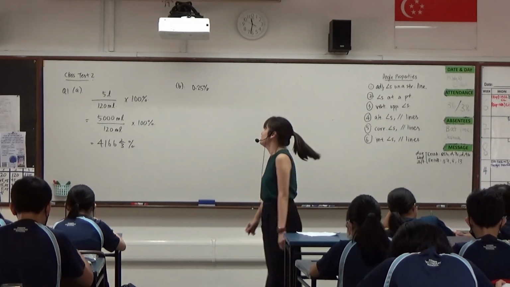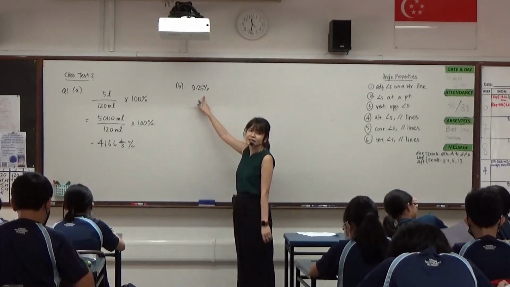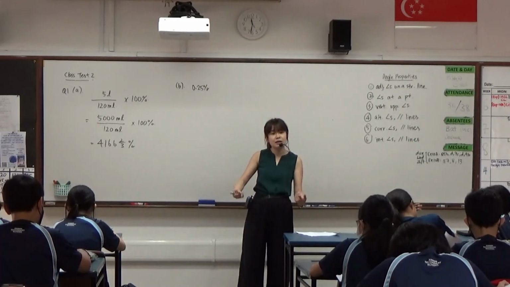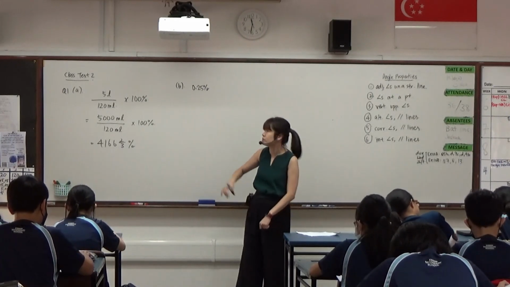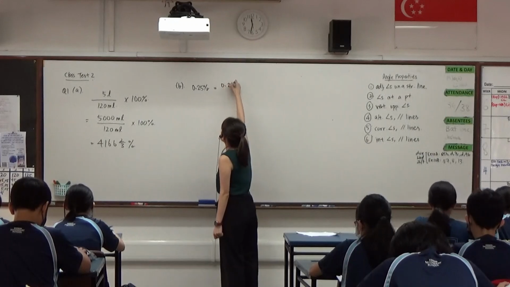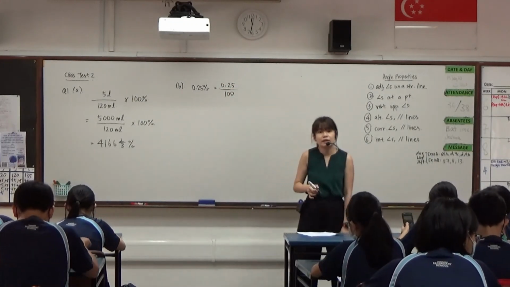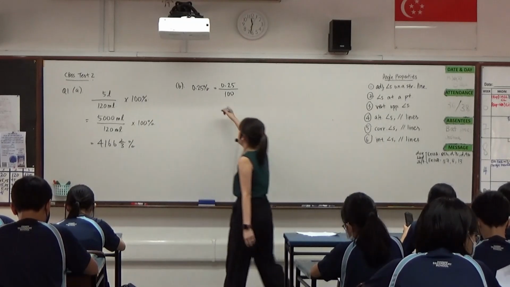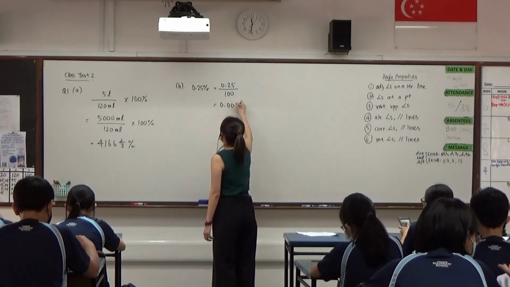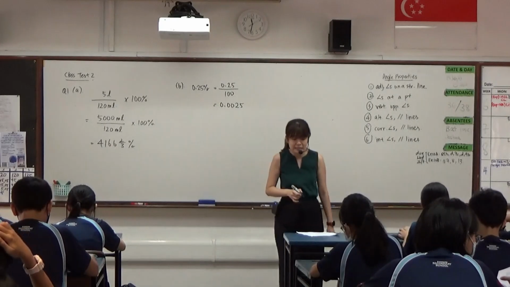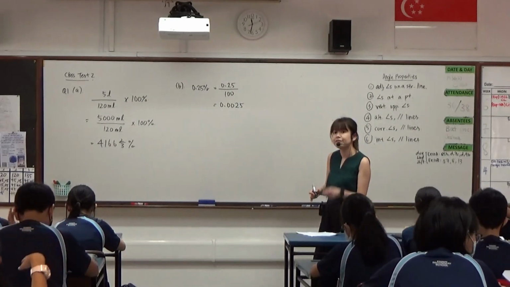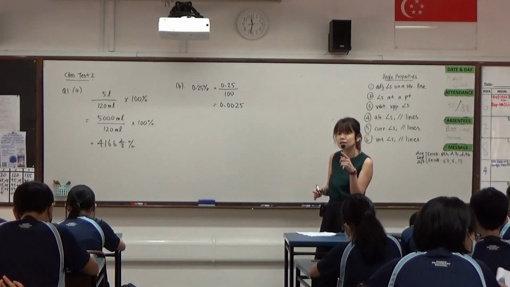So 0.25%, to change it into a decimal, whenever I need to change the percentage to decimal, what must I do? Divide by 100. Then you press the calculator, and the decimal should be 0.0025.